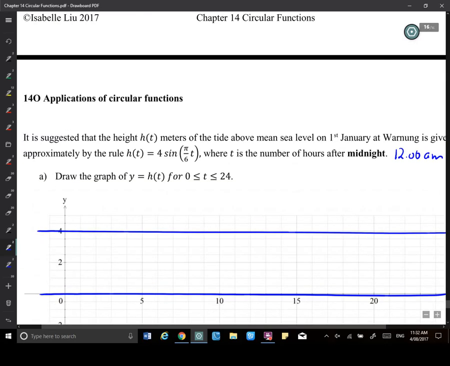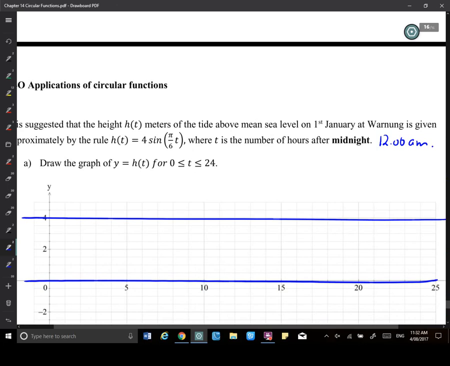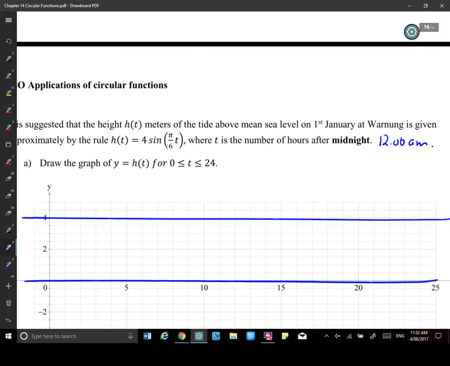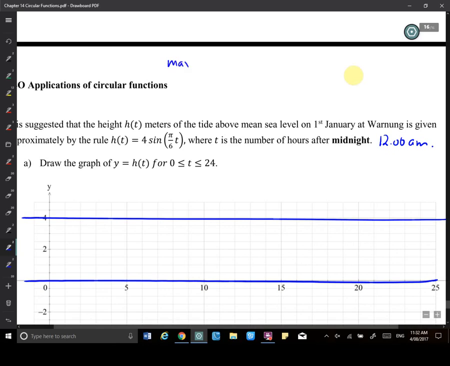I just want to ask one question, to remember in case I forget. If you have a sine graph, the maximum value is 6 and the minimum value is, let's say, -4. What is the amplitude?